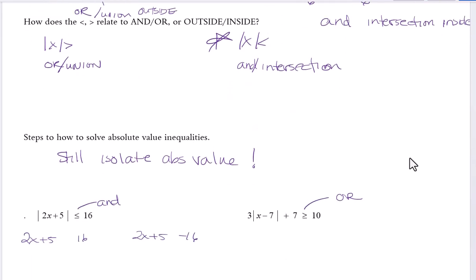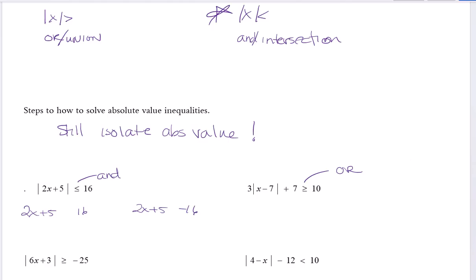The way I like to think about it is we write this inequality exactly the way it looks. It's a little sloppy, I apologize, my handwriting isn't great on this unit. And then we write with the sign switched here. That's still going to give me that situation where I'm less than the positive and greater than the negative.